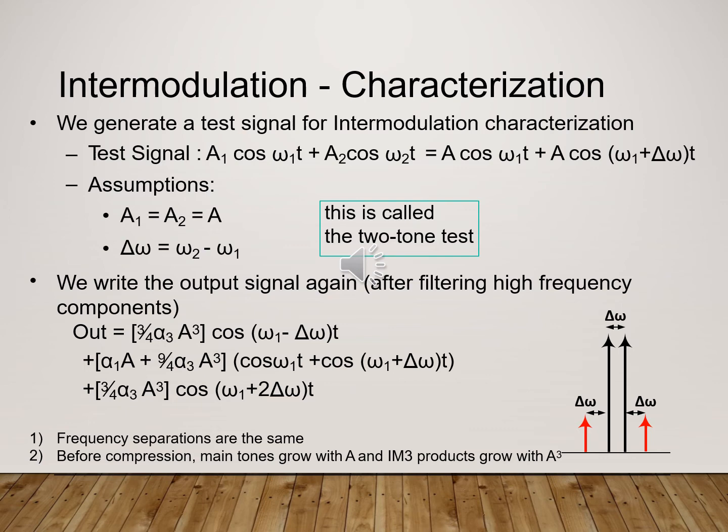If we rewrite the intermodulation components, we get what we have in this slide. Our observations, like frequency separation, are the same, and before compression, the main tones grow with A, but intermodulation products grow with A to the power of 3.